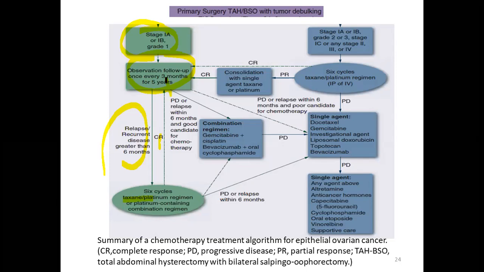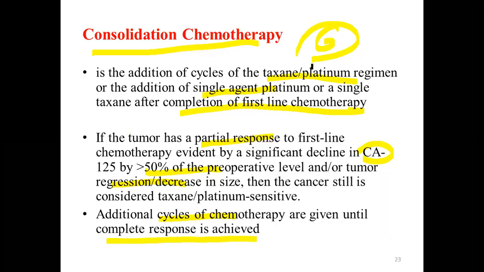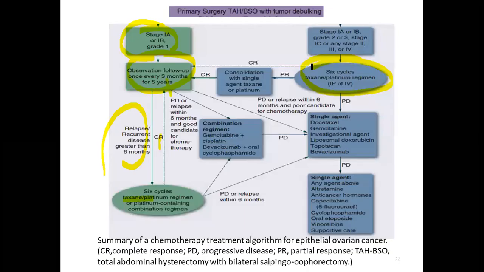But in advanced stages, like stage 2, 3, and 4, after surgery, the gold standard is chemotherapy. You give taxane plus platinum. Then if the response is partial, do you remember what I said about partial response? The tumor size is regressed and the CA125 level is reduced by more than 50%.